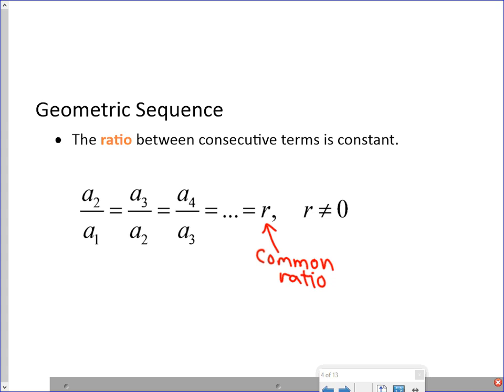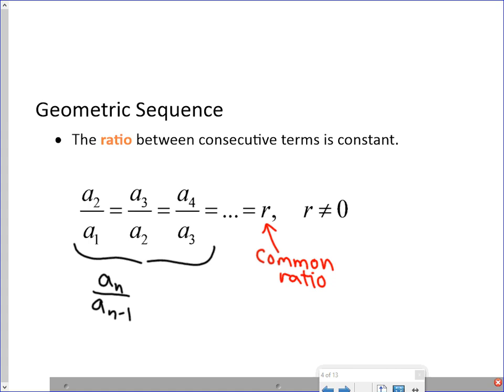Now, I could simplify this in subscript notation and say it's just some a sub n divided by some a sub n minus 1. That's a term divided by the term before it. And then I apologize on recursive formulas. I made a note to myself last year that the book uses k and k plus 1, not n and n minus 1, like we do in Algebra 2.